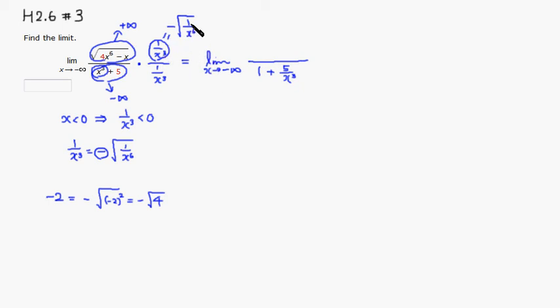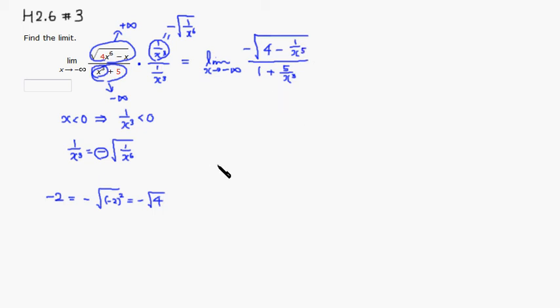So there's a negative sign in front, and then we put the rest inside the square root. 4x to the 6 divided by x to the 6 gives you 4. Minus x divided by x to the 6 is 1 over x to the 5th power, because one of the x's cancels out.